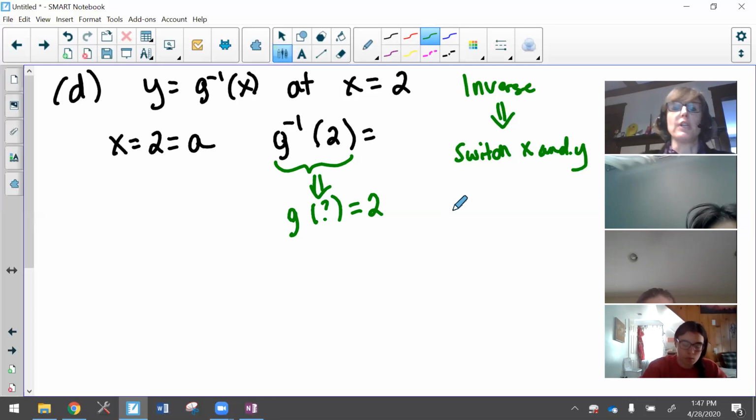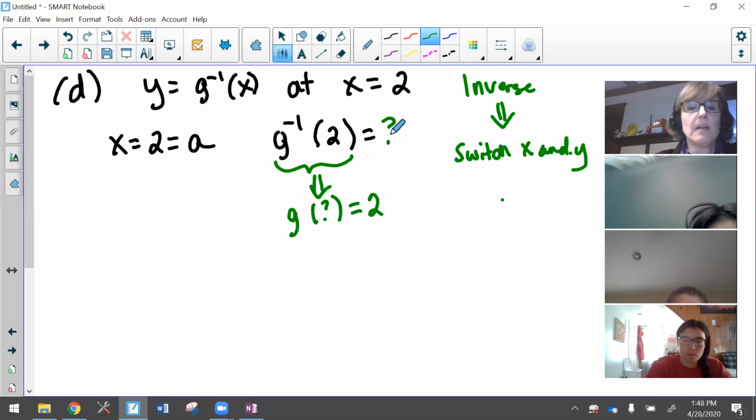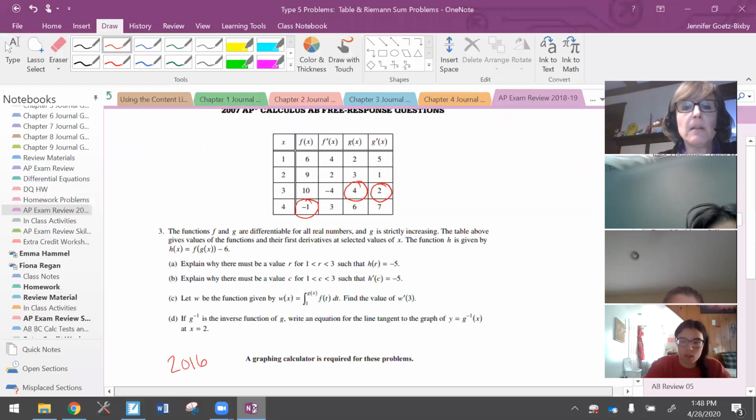So that's the first tricky part. We have to figure out what this question mark is, because that question mark is actually going to go up there. So if we go back to the table, we want to know what value of g is equal to 2. So g of 1 is equal to 2.